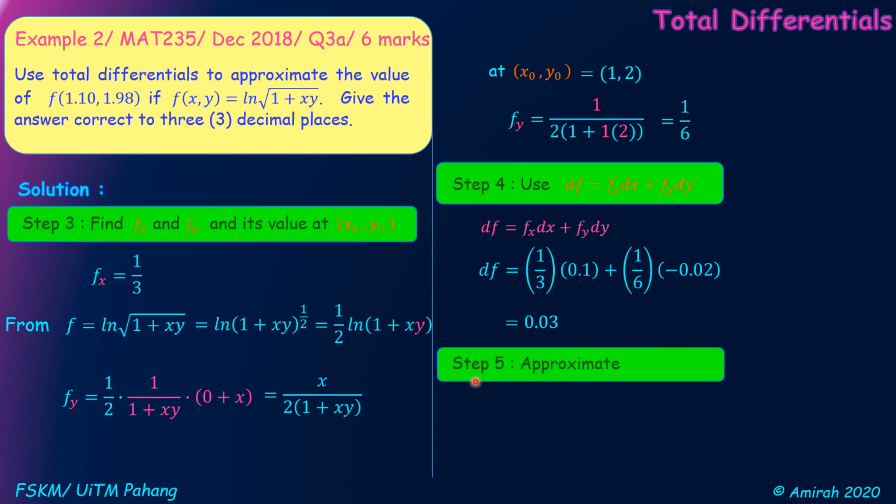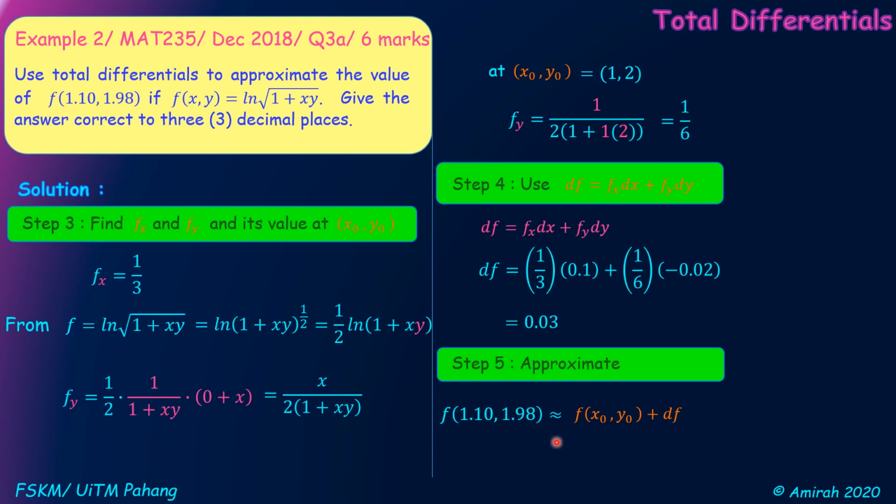Alright. After that, step 5, we approximate the given value, okay, or the given function. So from here, we have f(1.10, 1.98), approximate to. Alright, the formula is f(x naught, y naught) plus df. Okay. So for left hand side, we just write the given question or the function that we want to approximate. Okay. Or the expression that we want to approximate.